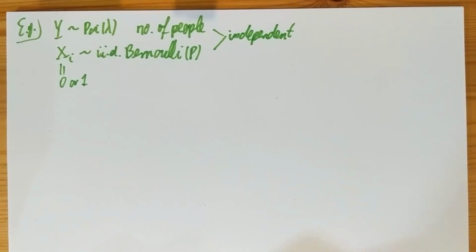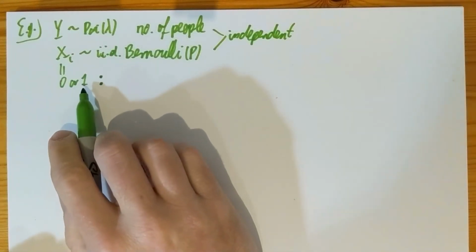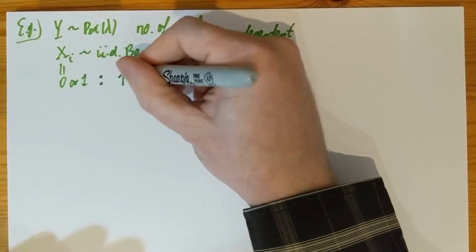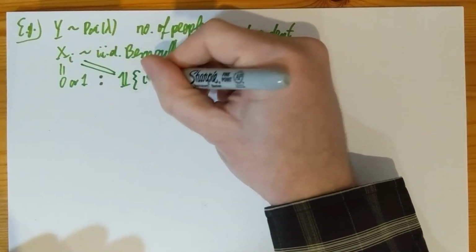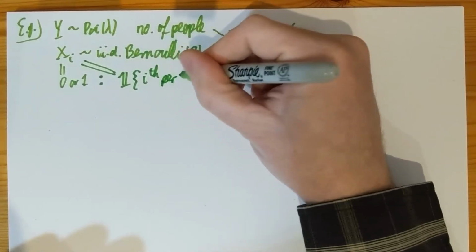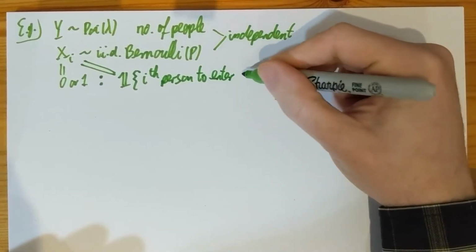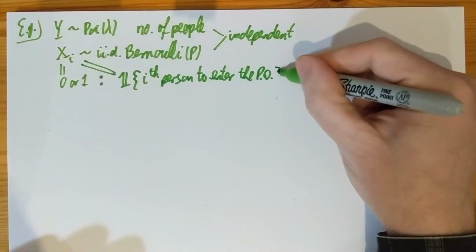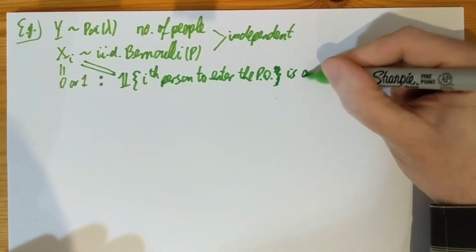And suppose that this is the number of people, and suppose that what I want to do is I'm going to take this as the indicator that the ith person in the post office is a female. So xi is going to be the indicator that the ith person to enter the post office is a female.